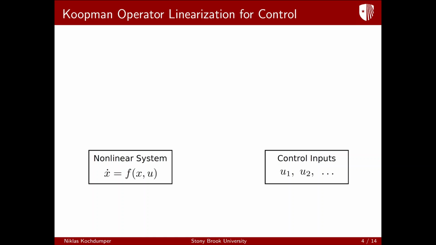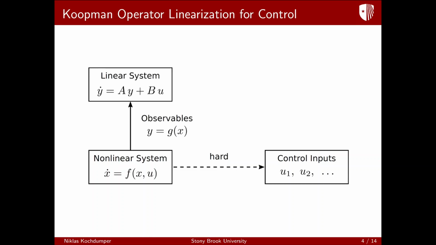So often we have quite complicated nonlinear system dynamics, and therefore it's quite hard to get the control inputs that fulfill a certain control task. So the idea of Koopman linearization is to apply a nonlinear state transformation to transform the system state to a state where the dynamics can be approximated very well with a linear dynamic system.